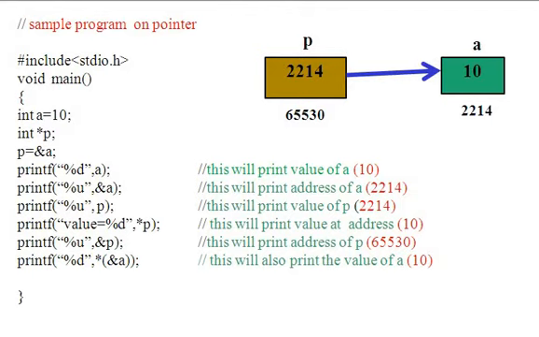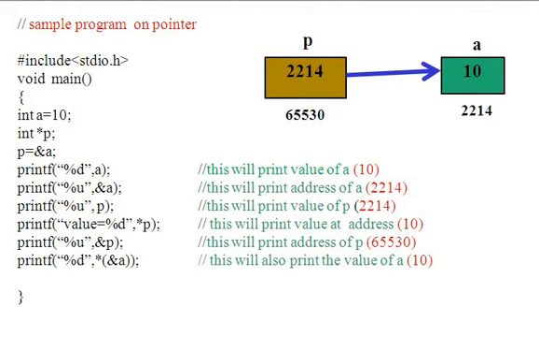Look at the printf statements one by one. The first printf statement prints the value of a, and the second one prints the address, and the third one also prints the address of a. It prints the value of p. p holds the address of a, and *p, look at the other one, *p holds the value of a. And &p, this is important, &p is the address of a pointer variable.